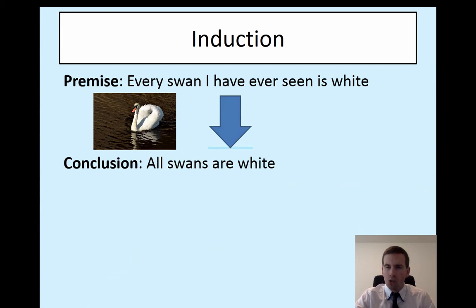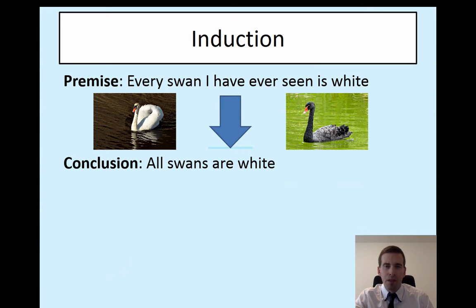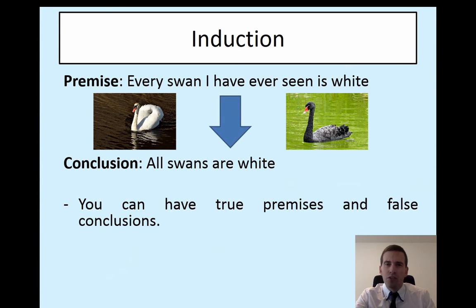Now, are all swans white? No, they're not. People from Australia will know that you can also get black swans. Okay? So even though the premise was true, and the conclusion was reasonable based on the information they had at the time, the conclusion wasn't true.